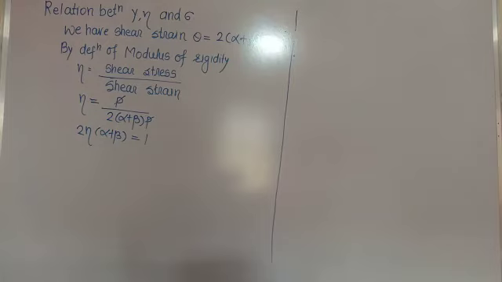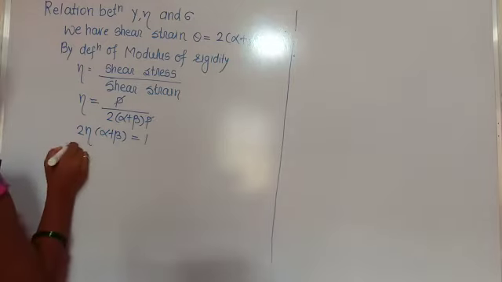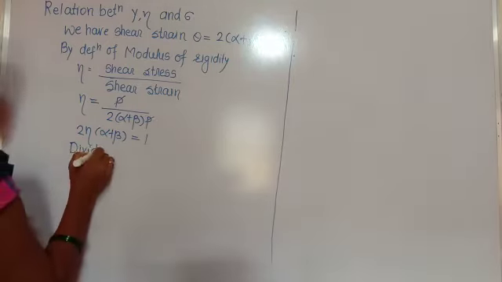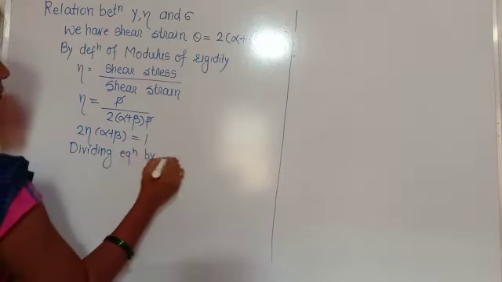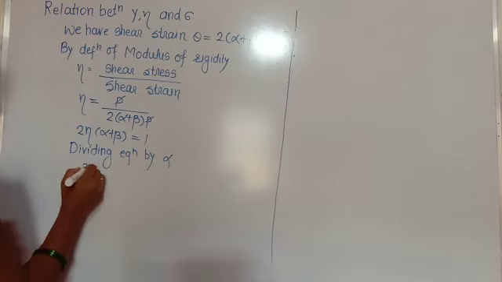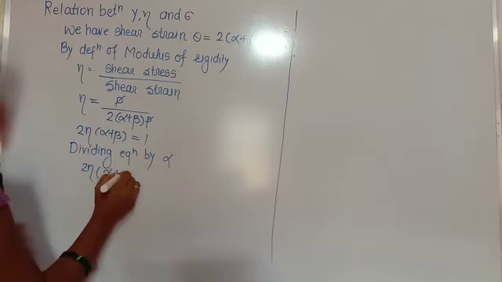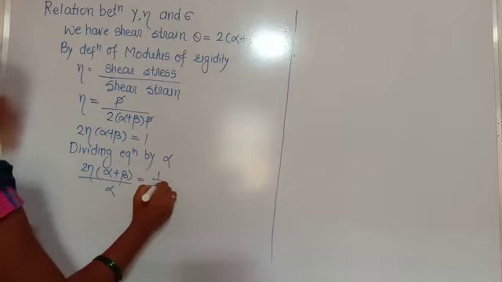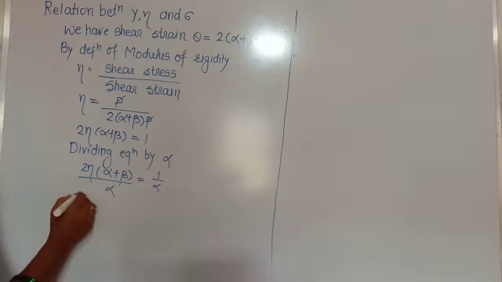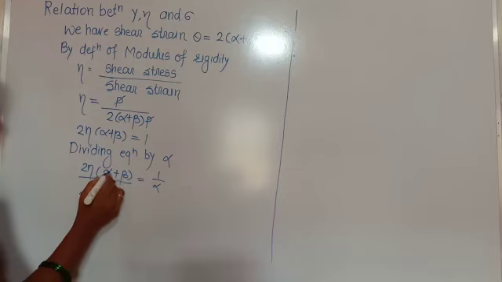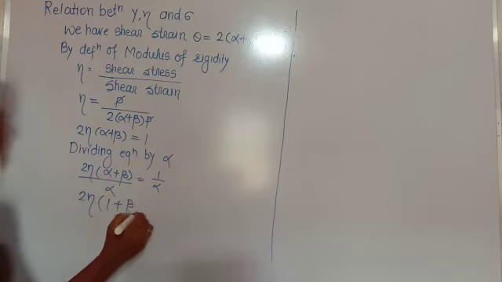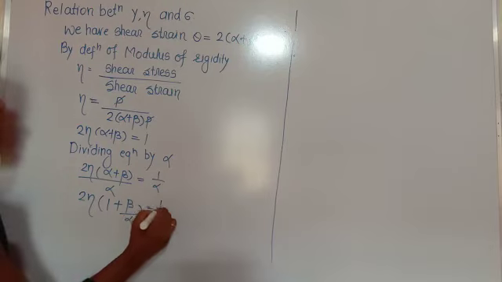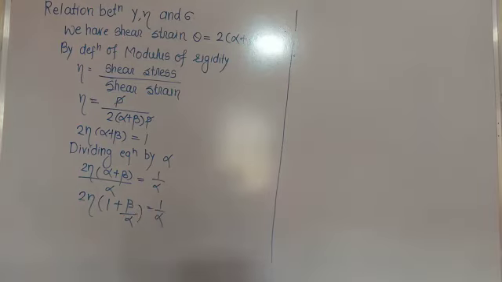Again dividing this equation by alpha, we get twice neta (alpha plus beta) divided by alpha is equal to 1 divided by alpha. Then twice neta, alpha divided by alpha is 1, plus beta by alpha, is equal to 1 by alpha.